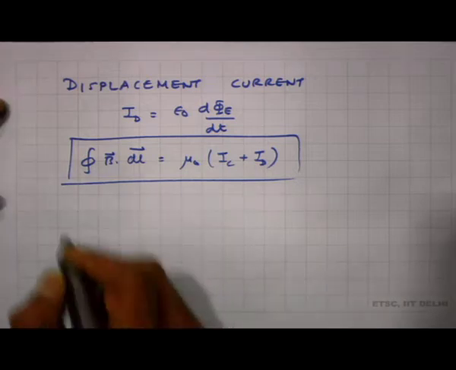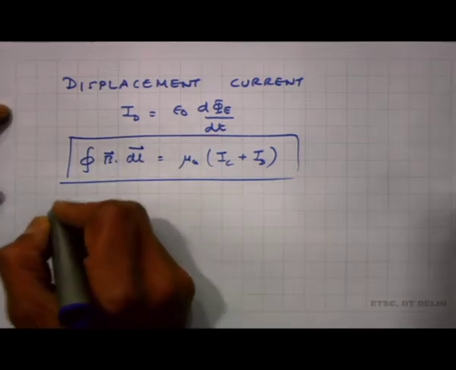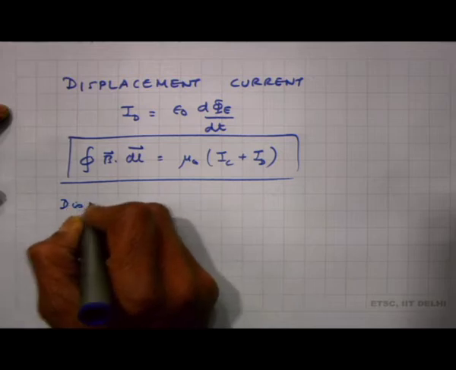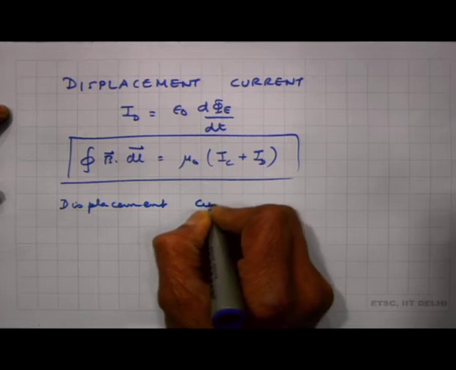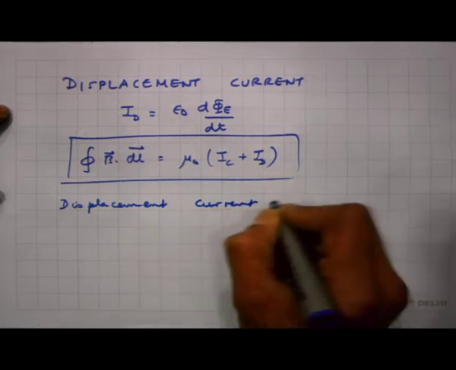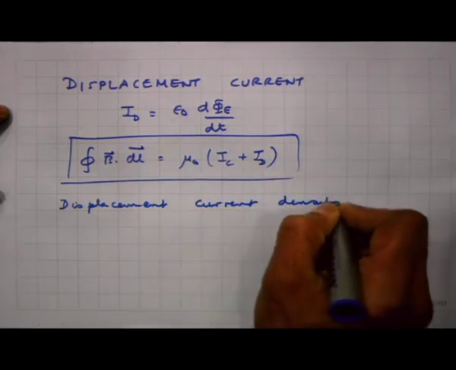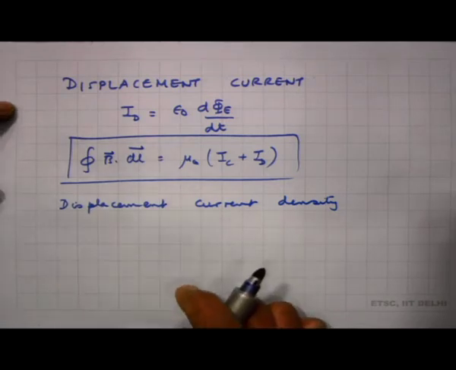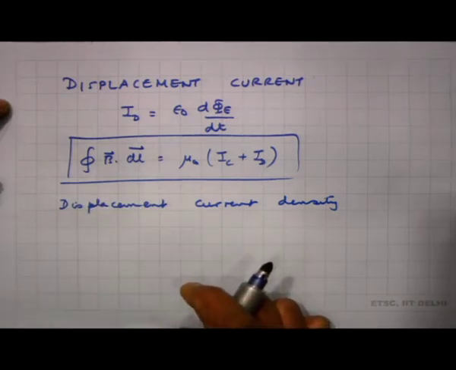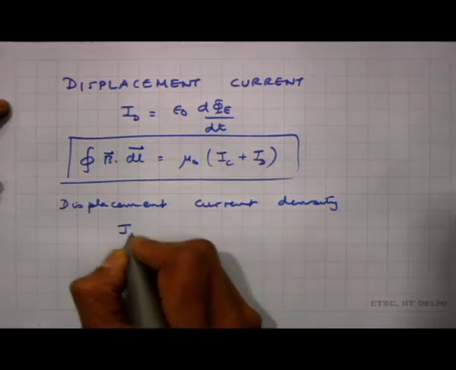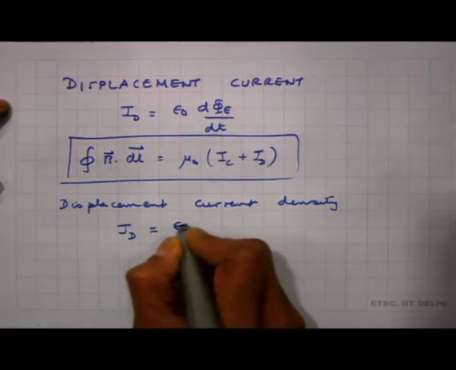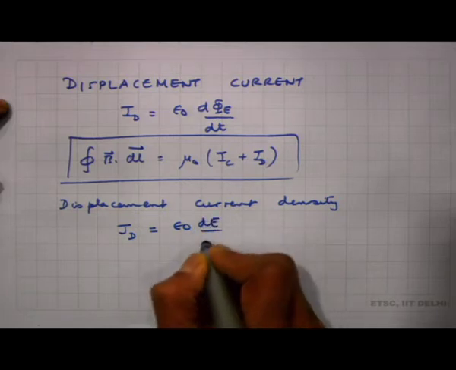I can also define a displacement current density. Current density is the current crossing per unit area along a direction perpendicular to the area, and I can define the displacement current density as epsilon 0 dE by dt.